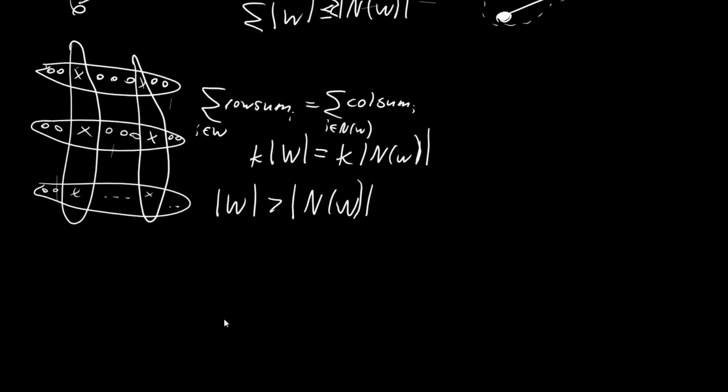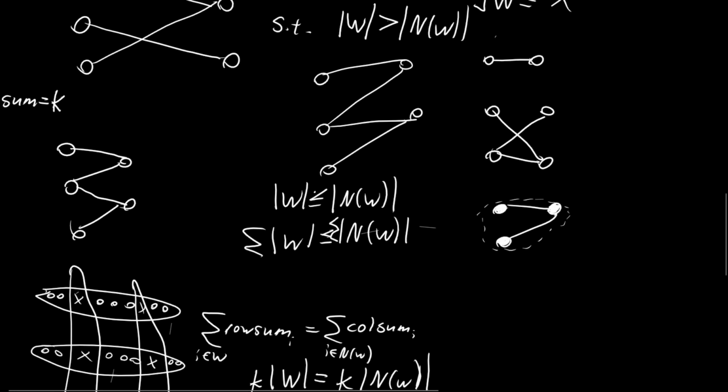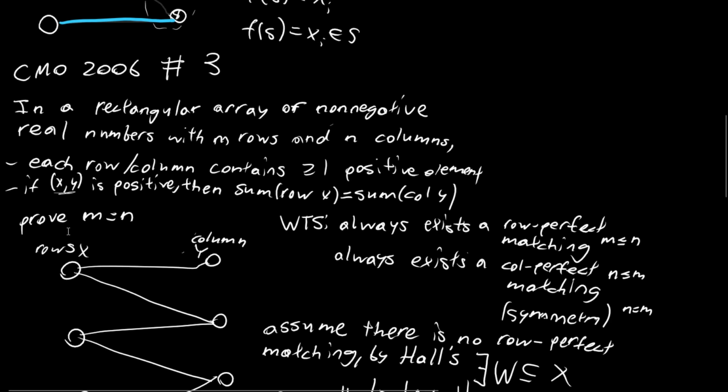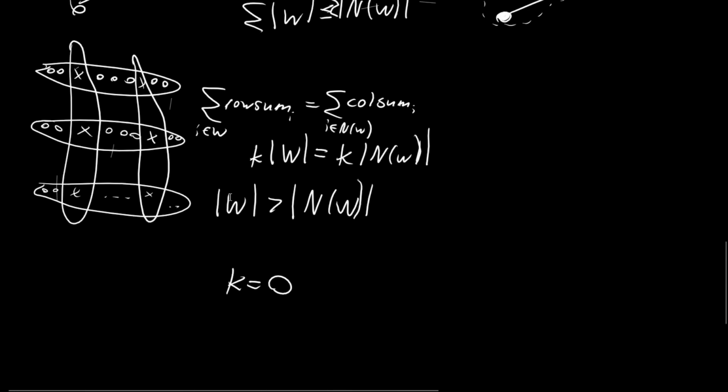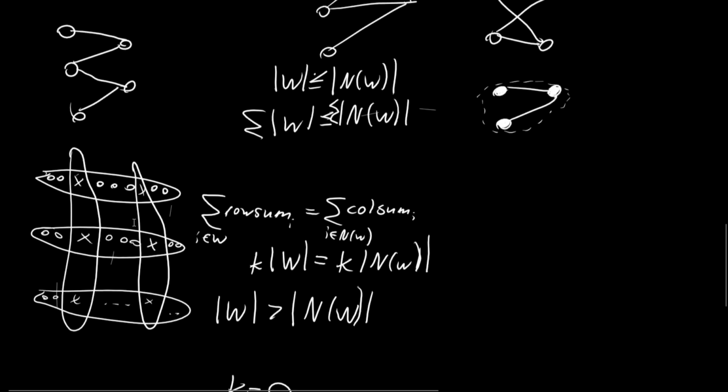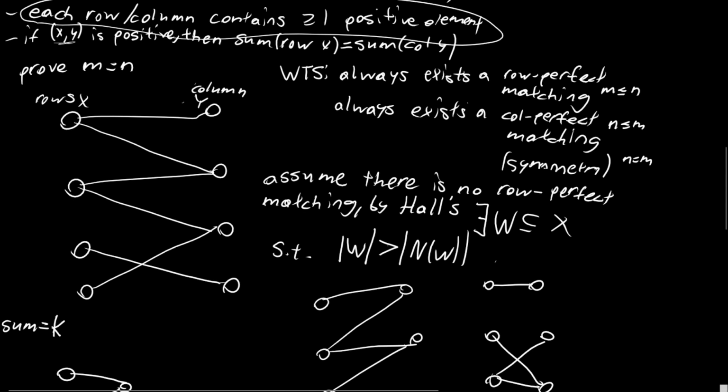And thus, we get k must be equal to 0. But this is a contradiction because all these sums are positive, because, as it says in the statement, the very last thing, each row/column contains at least one positive element. And then we are done. So yeah, that is Hall's marriage theorem and its application to a problem.